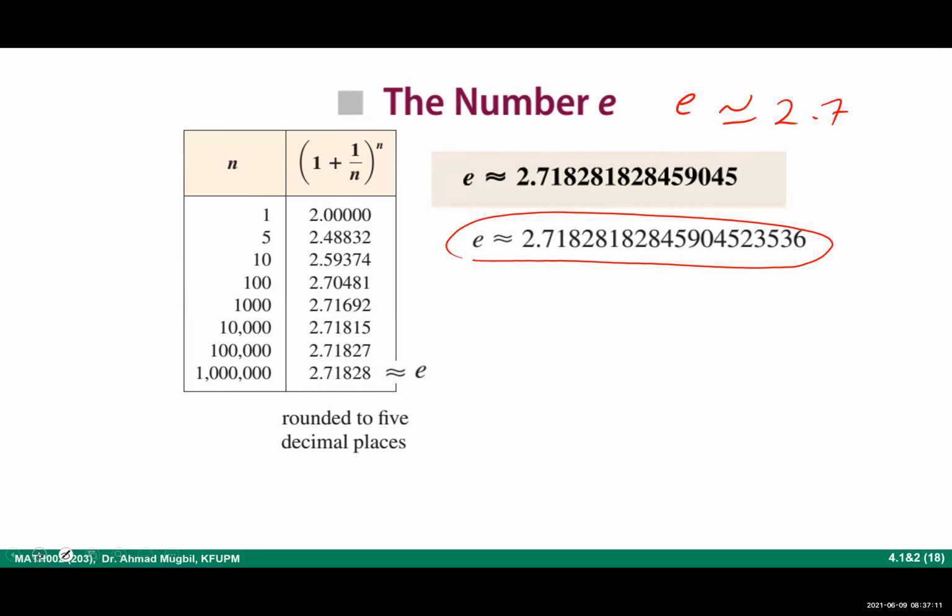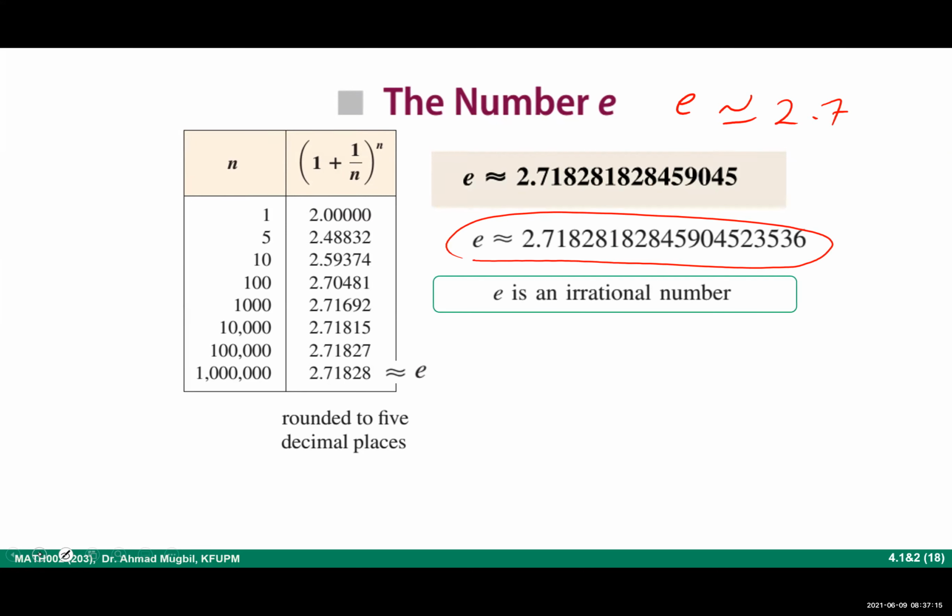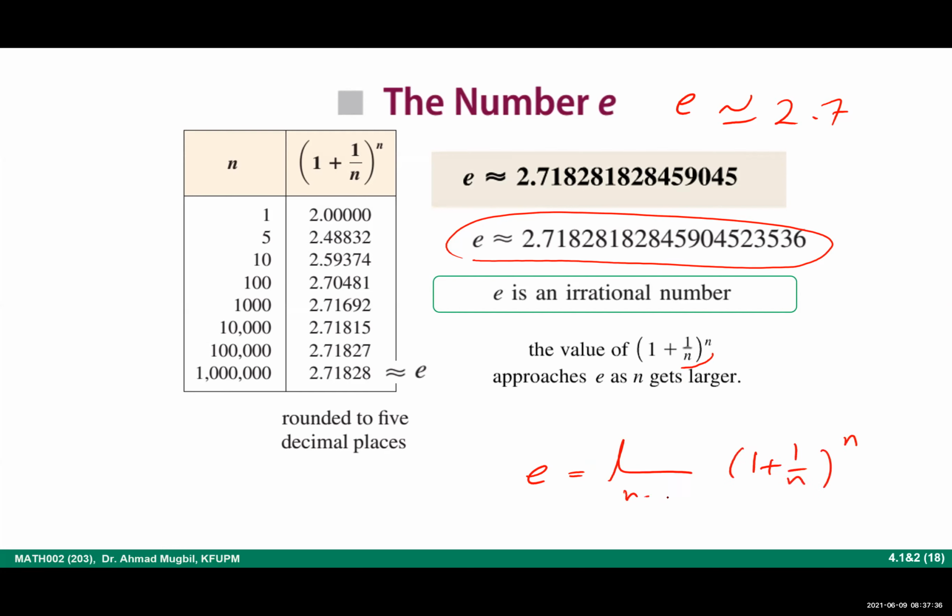Where does it come from? Indeed, it is one of the most famous numbers, shabab. It has a name, by the way: e is called Euler's number. It is named after the mathematician Euler. It comes as a limit of this: e is the limit of (1 plus 1 over n) to the power n when n goes to infinity.